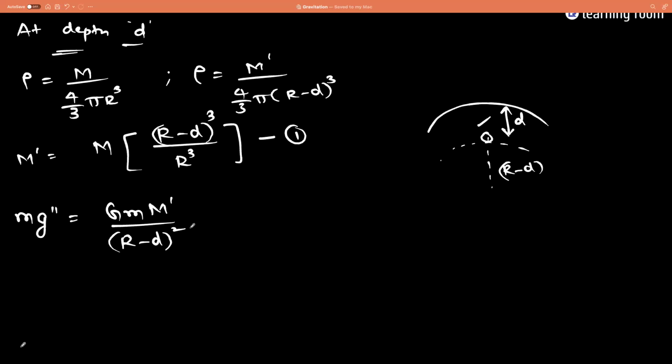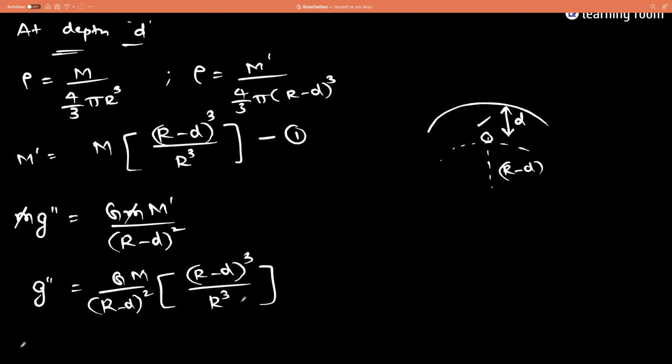Okay. So m and m will get cancelled. So g double dash will be equal to G by r minus d the whole square into M dash, which is M into r minus d the whole cube divided by r cube.